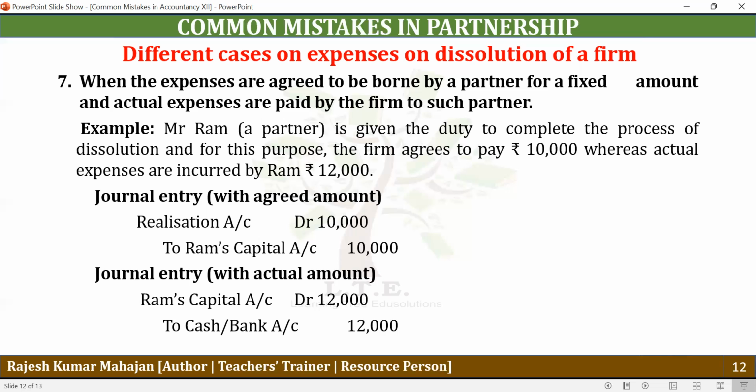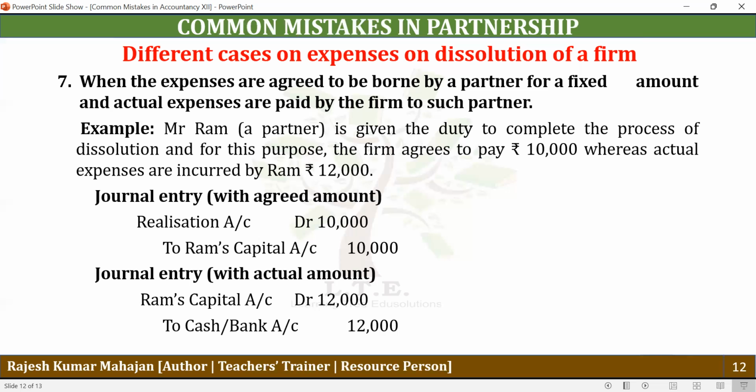So Mr. Ram will not wait until all the partners' capital accounts are closed. If he waits, definitely he will receive his 12,000 when the capital account is closed. But he will prefer that instead of waiting for all the capital accounts to close, he will withdraw rupees 12,000 from his capital.